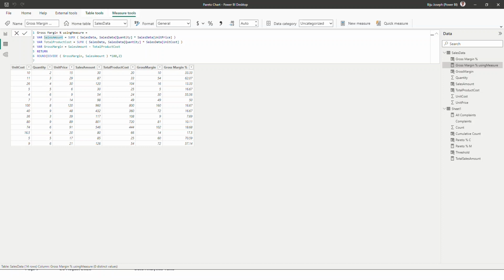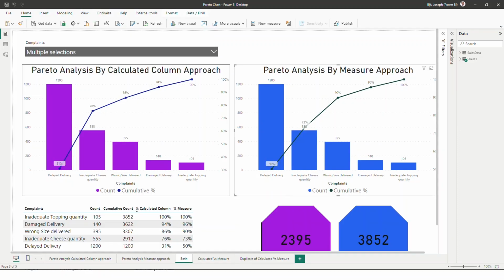And the same thing which we calculated using the gross margin using calculated columns can be achieved using a measure also, and we can make it dynamic and filter context sensitive. Yes, that is the exact impact in this graph where we use the measure approach.